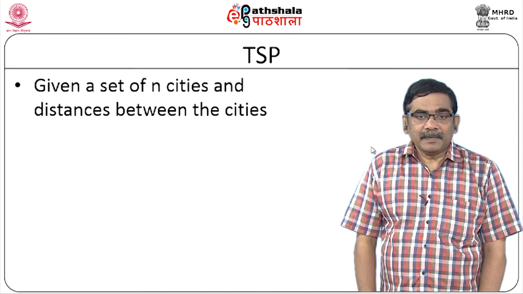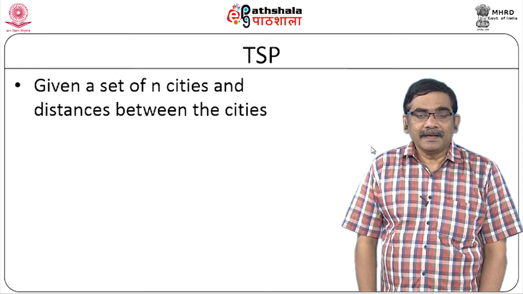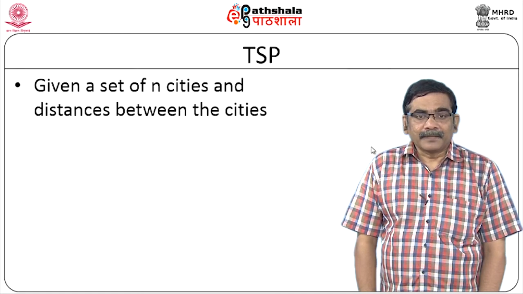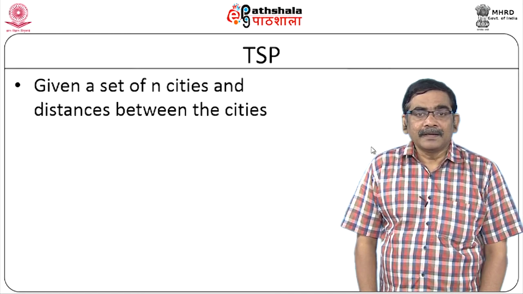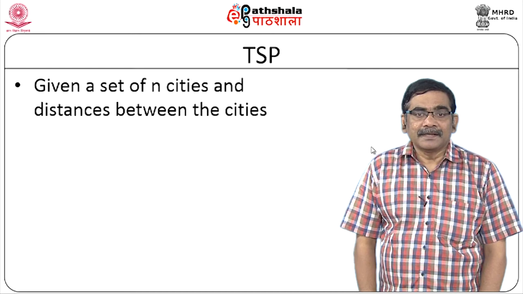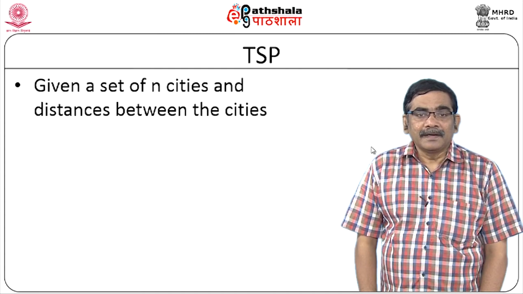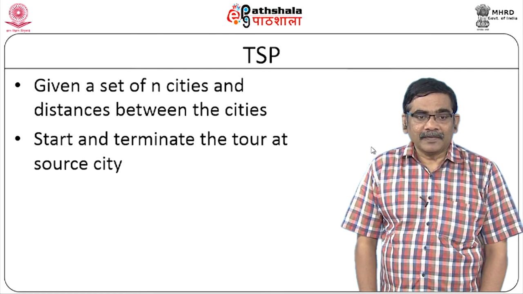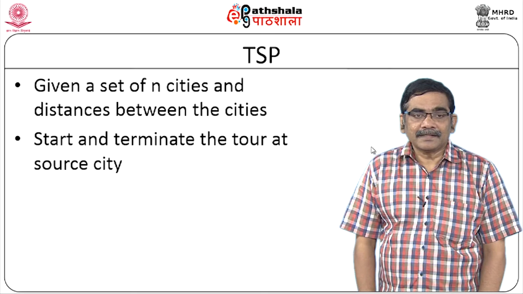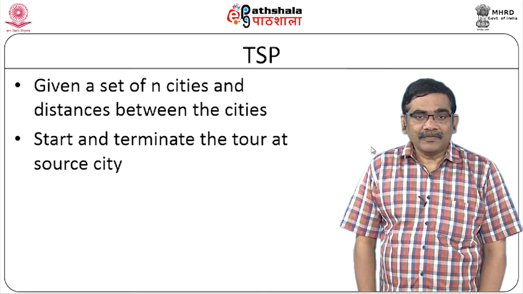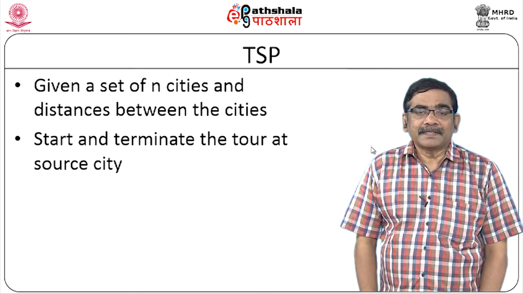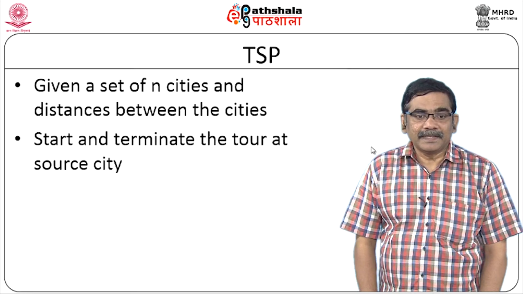So, in TSP you have a salesman, you are given n cities and you are given the distances between the various cities. You can imagine something like a map where you have n cities and the distances between them are given. You can model this as a sort of directed graph, with edge weights that represent the various distances between the cities.